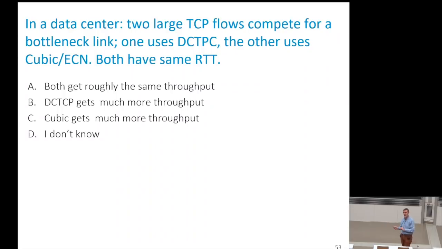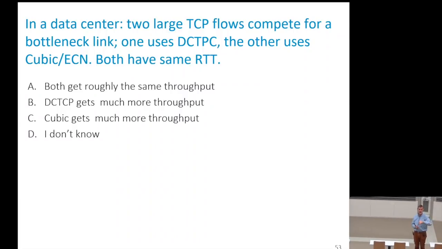If you compete with the rest of the world, then you have a fairness and probably stability problem for the rest of the world. Now, in a given data center, there are both TCP connections that are your internal connections and connections that come from the outside. They can be competing for some of the links and resources.